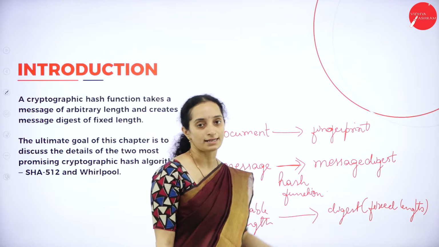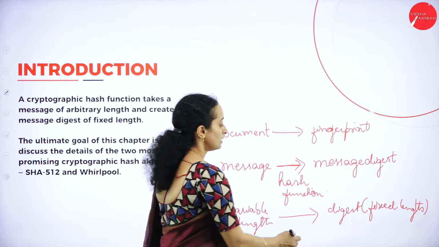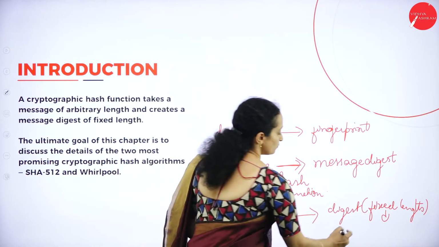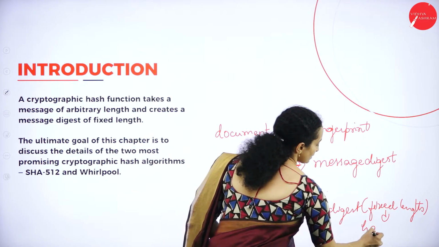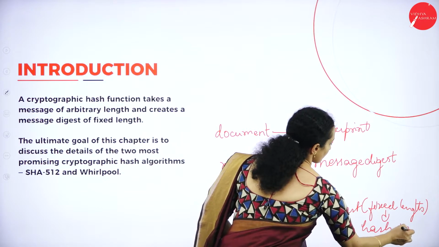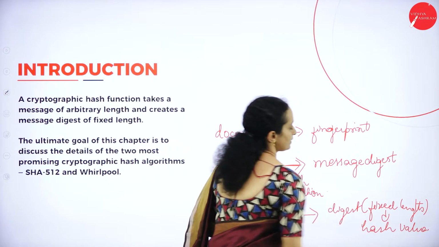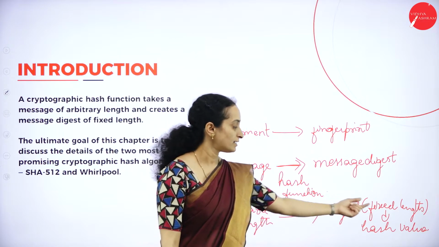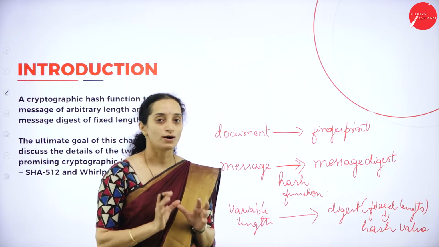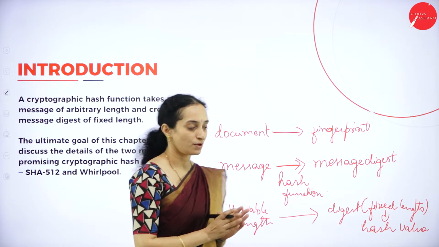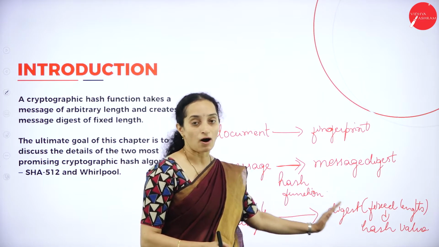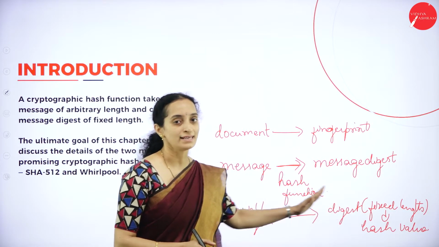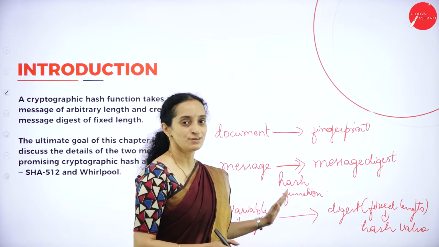The fixed length value is called the hash value. The fixed length value which we get by executing the hash function is called the hash value or simply the hash. So the algorithm which generates the hash value is called the hash function.